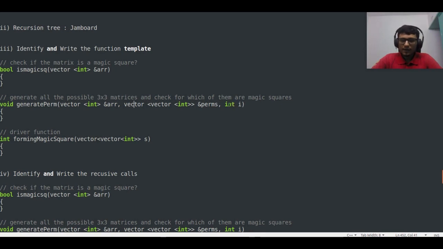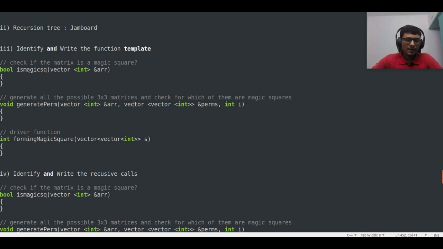And the third argument is integer I, which is nothing but the index variable, and this integer I or this index variable shows the current level at which we are in the recursion tree. So we discussed more about this index variable I in the previous video, where we were talking about generating all the permutations of the given string. So you can refer to that video to understand more about this index variable I.